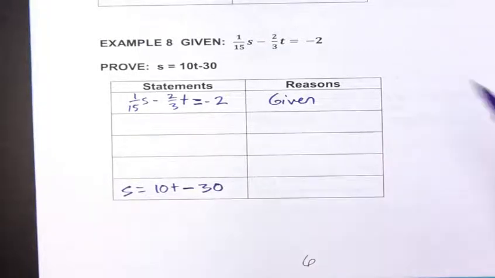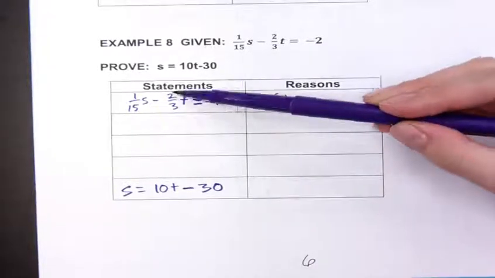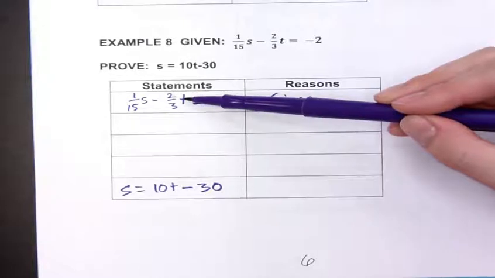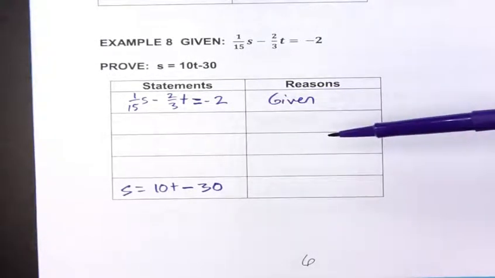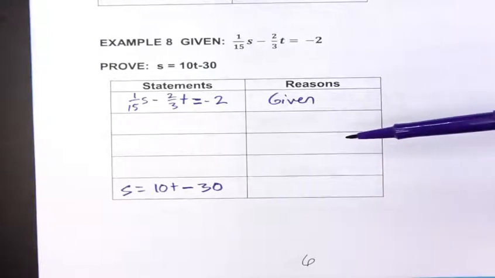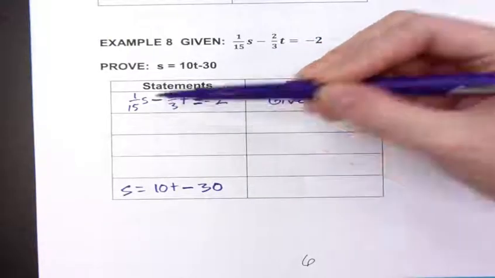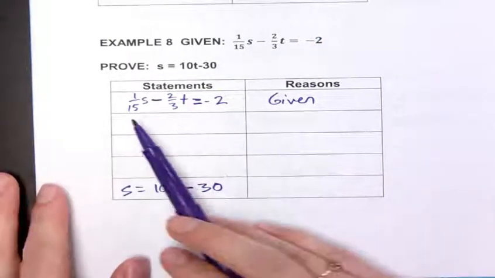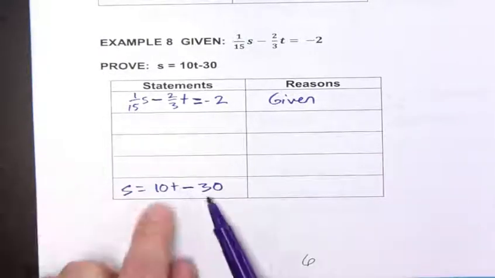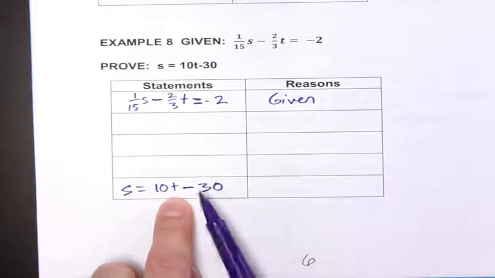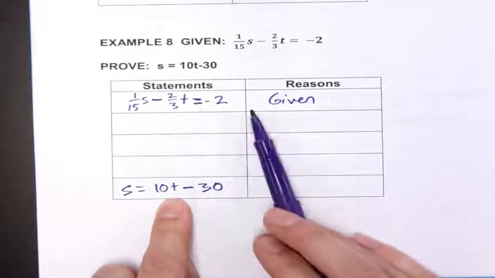So if this was just a numerical problem and there weren't fractions, there wasn't the t there, if I was trying to get s by itself, what would my first step be? Okay, so I would do two things. If the t wasn't there, I would either multiply by 15 first, because that would cancel out my fraction. Or, because I want t on this side, I'm trying to solve for s, I would add t to the other side.